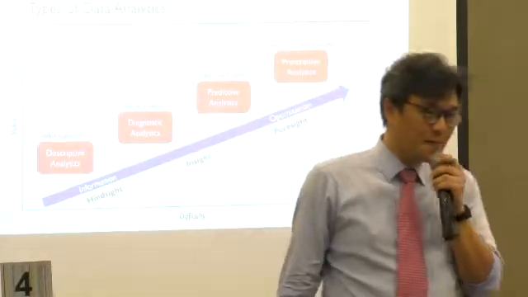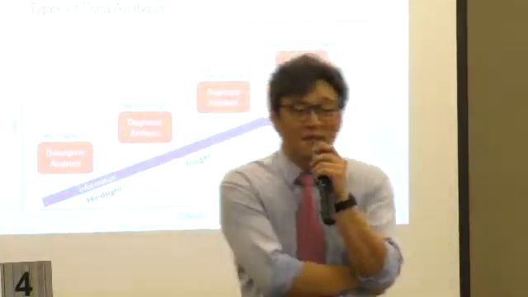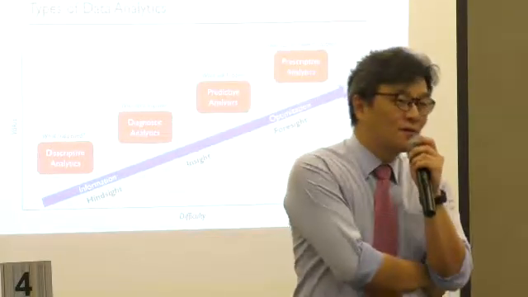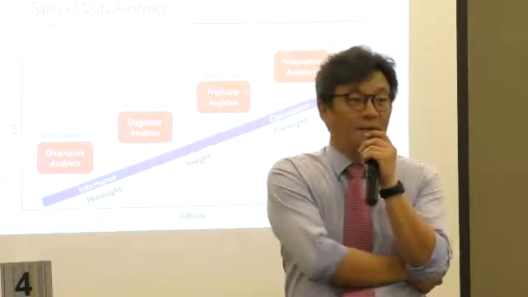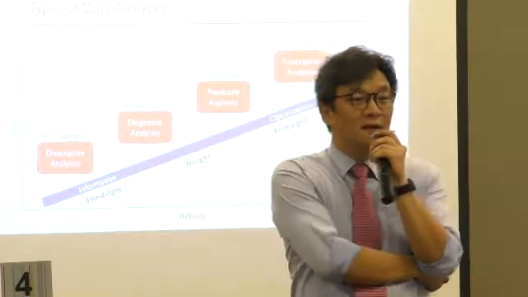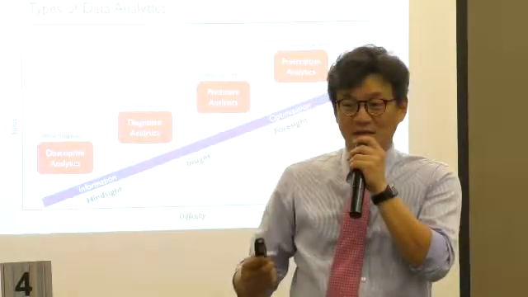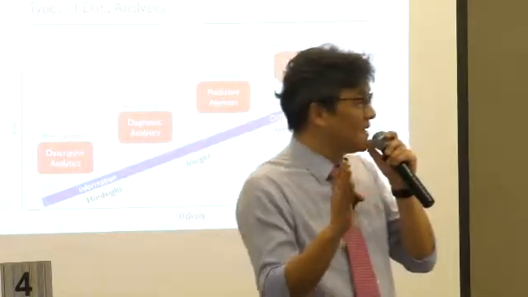Now the holy grail of data analytics is prescriptive analytics. This is still a work in progress for most organizations and analysts, because this is where we can really achieve optimization in the whole data analytics process. This is answering the question of how can we make something happen.